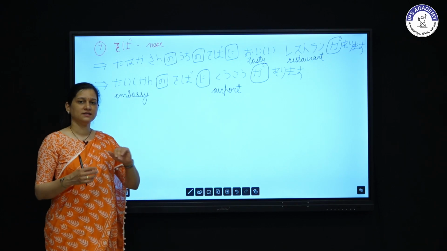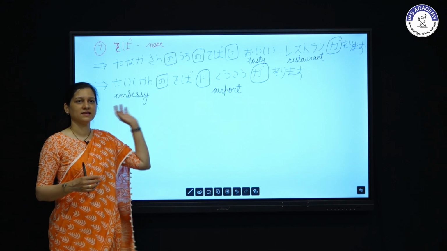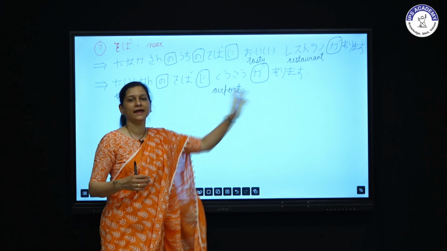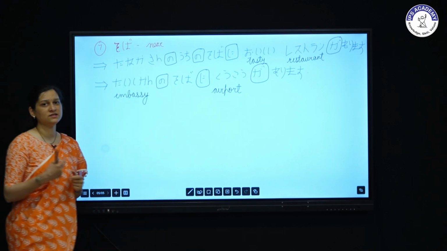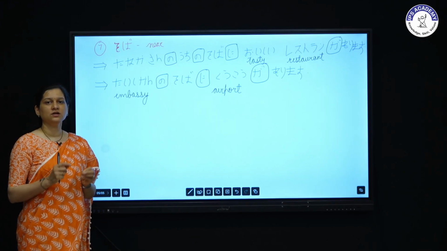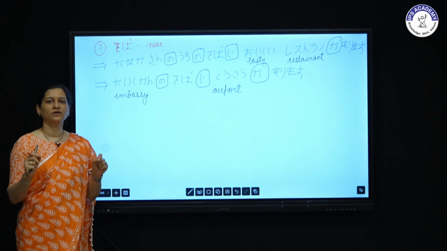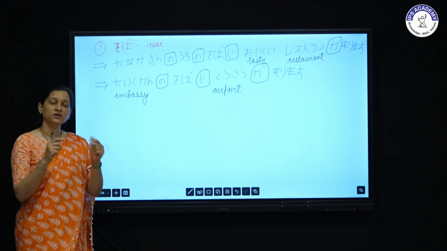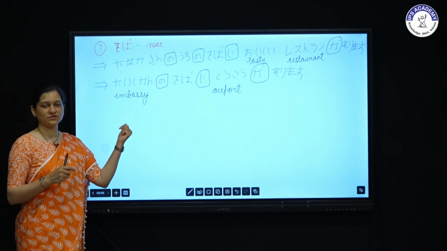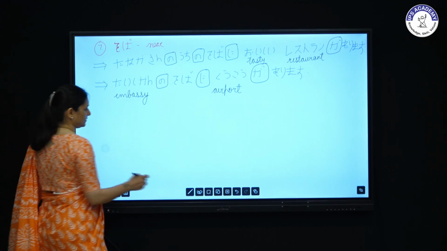But here the sentence is Taishikan no soba ni kuukou ga arimasu. Embassy ke paas mein airport hai. So it's always important to understand the importance of the particles, their usage, their position, the usage of nouns, their position. Okay? Fine.